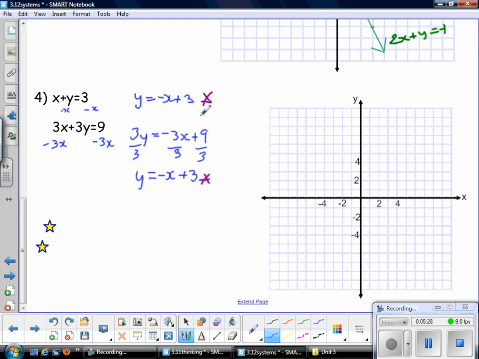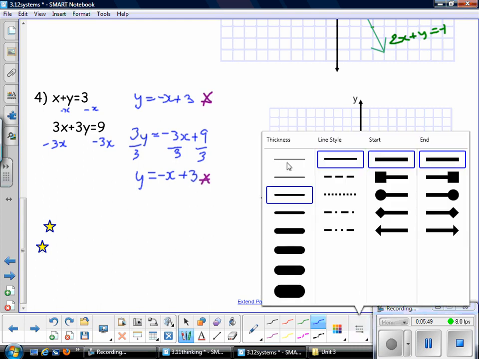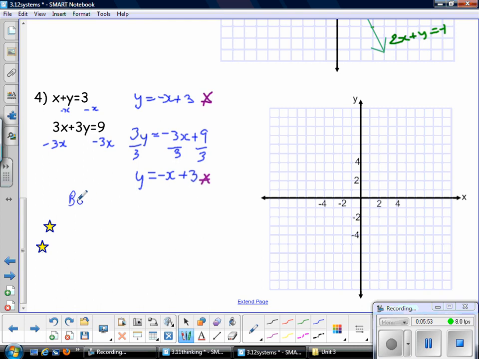Okay, so what's going to happen here? They're going to intersect everywhere, right? Because they're the exact same solution. So in this case, you could draw both lines if you want, but once you see that both lines are identical, then you can say both lines are identical.